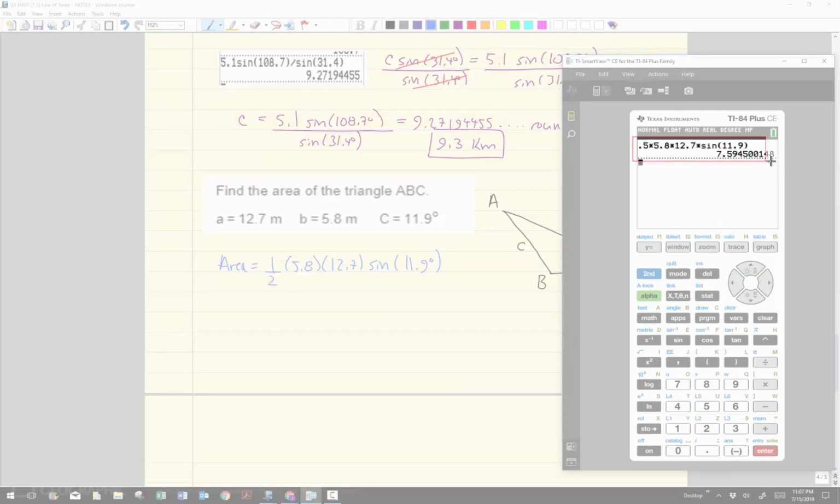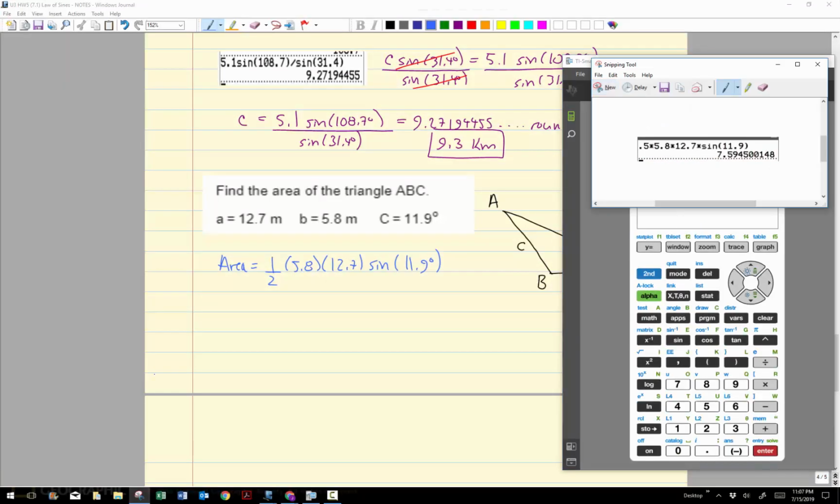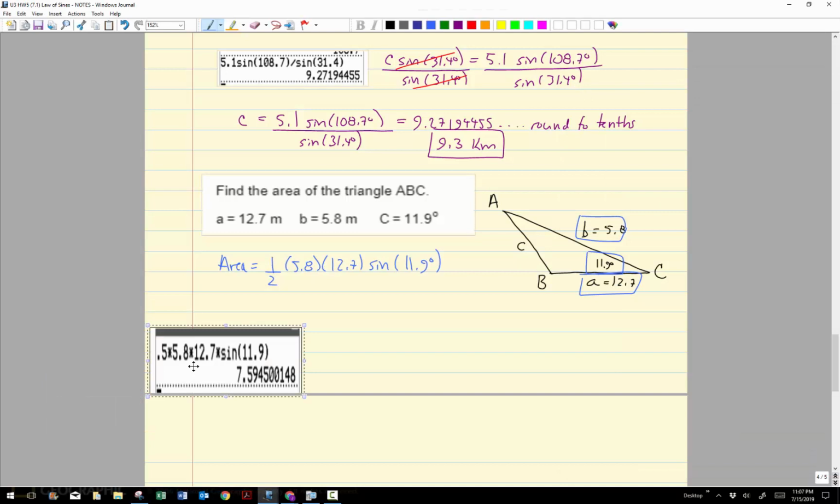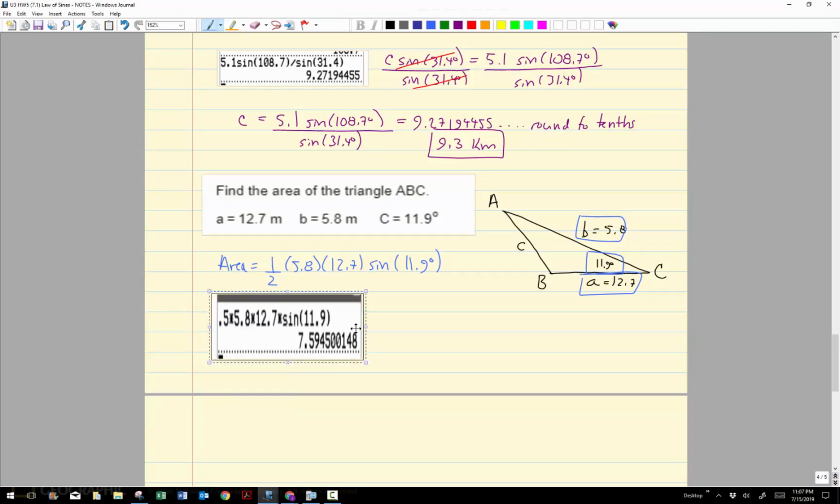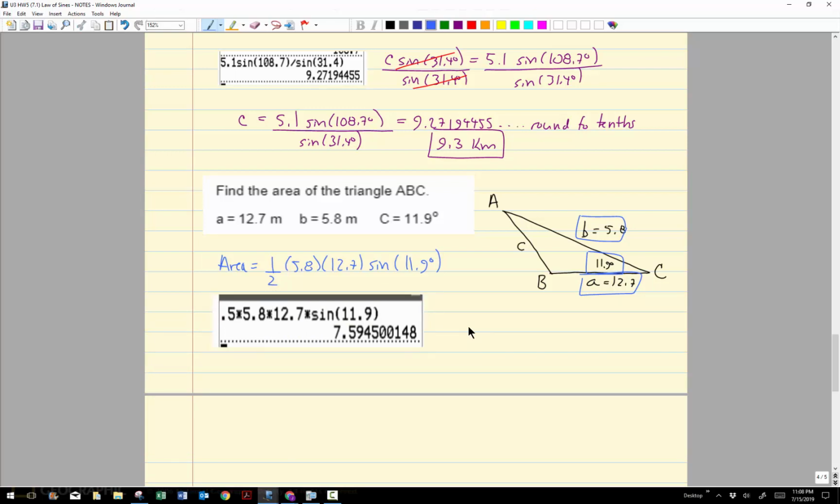And remember, this is area. So area equals 7.594500148, nearest tenth, area equals 7.6, and I think we're meters squared.